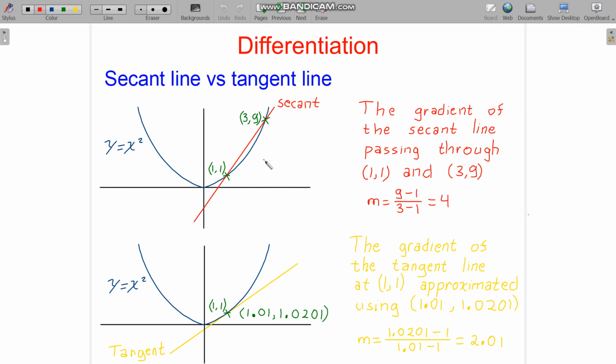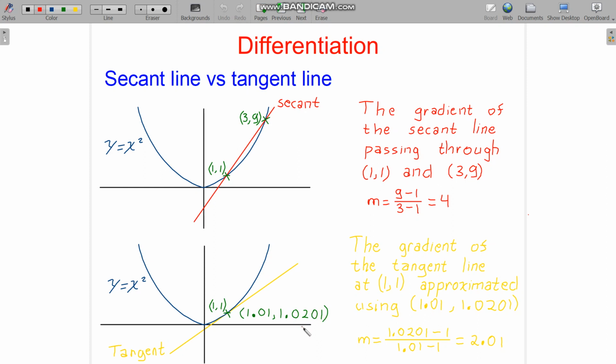So if you want to find the tangent gradient when x equals 1, we have to use a point which is really close to this 1, 1. For example, if we use x equals 1.01, the y is of course 1.01 squared, which is 1.0201.